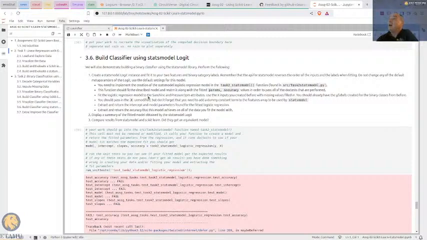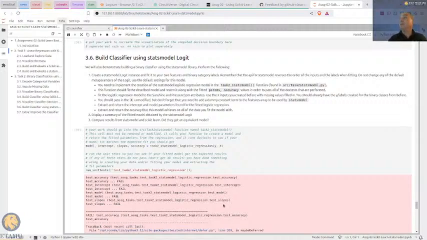So, I mentioned this last time. I might not have made it to my live stream, but just be aware that StatsModel has some slight differences in the API from scikit-learn. The biggest one is that you pass in the labels and the data that you want to fit in the reverse order that scikit-learn does it.